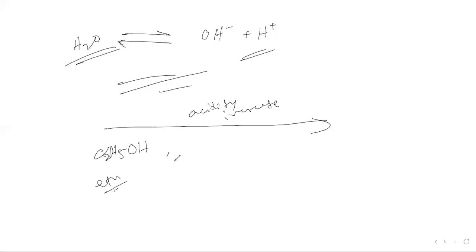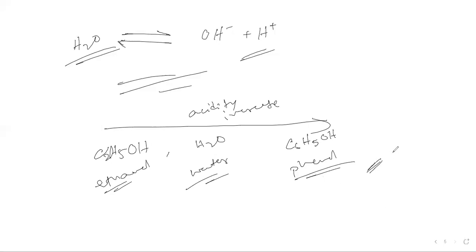Then we have water, which is this. And finally we have C6H5OH, so we have our phenol. This is the strongest in acidity. This is a bit weaker, and this is the weakest.